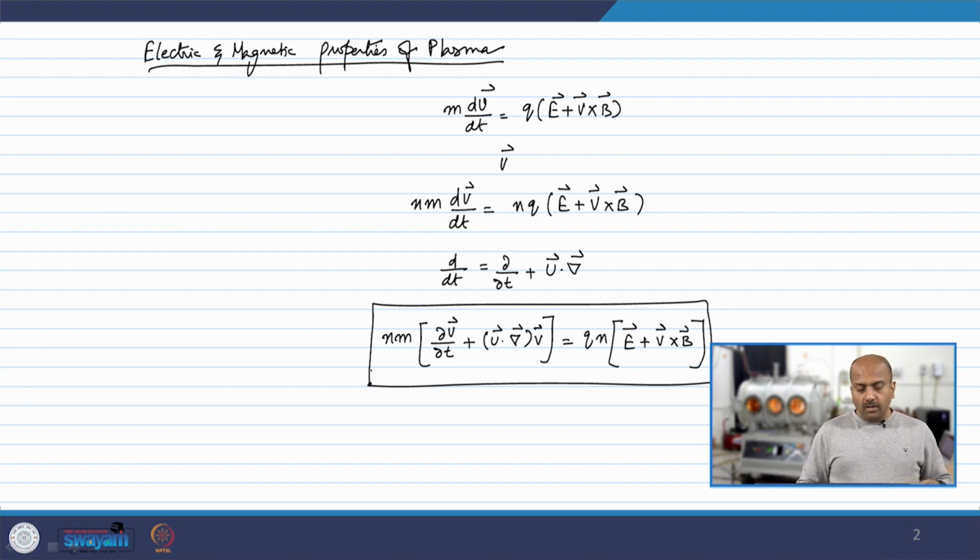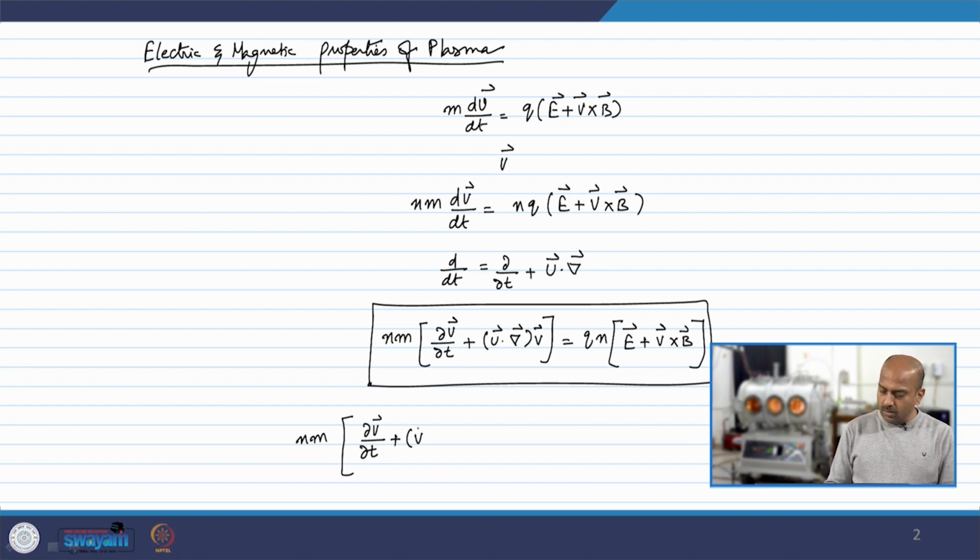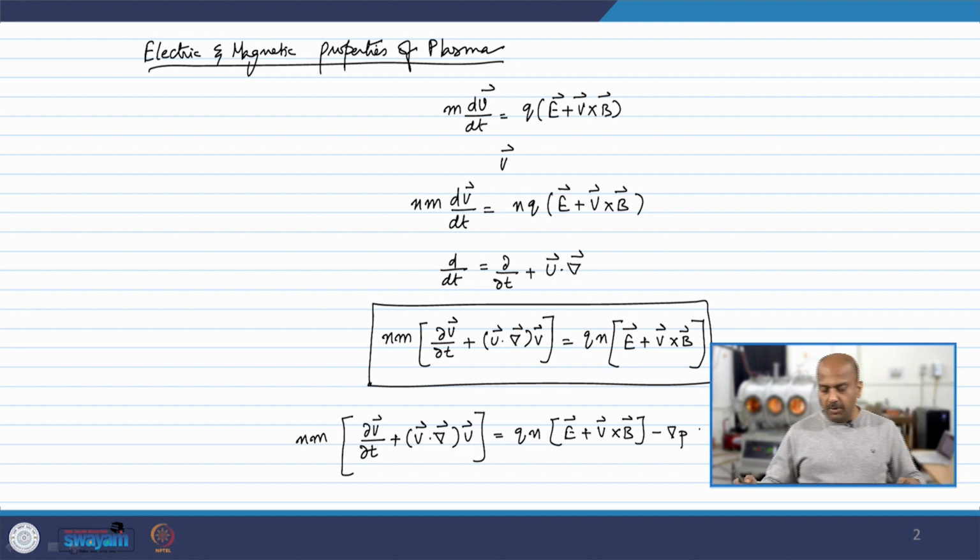We can also include that effect into this equation by writing simply n m (dou v over dou t plus v dot del times v) is equal to q n (E plus V cross B) minus del P. So, what is this?